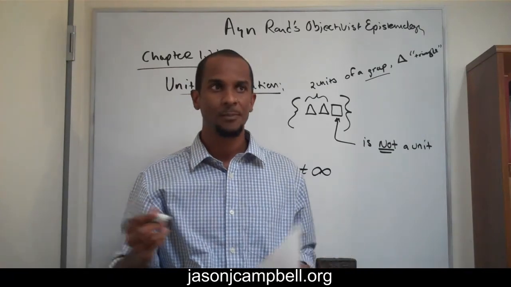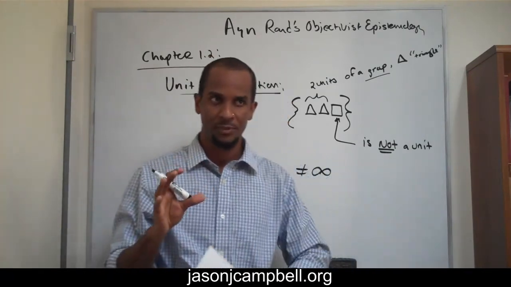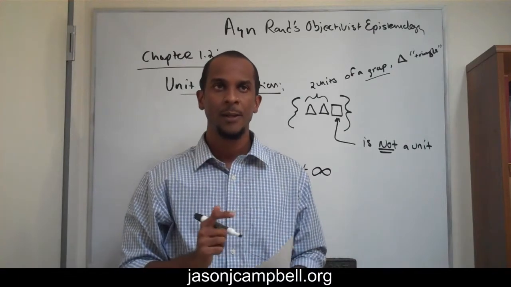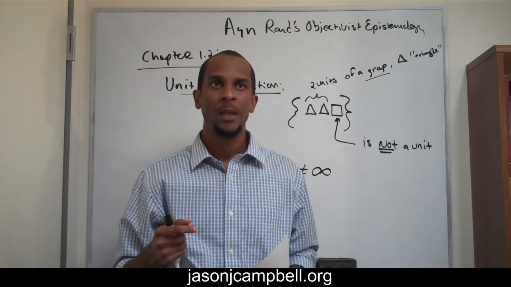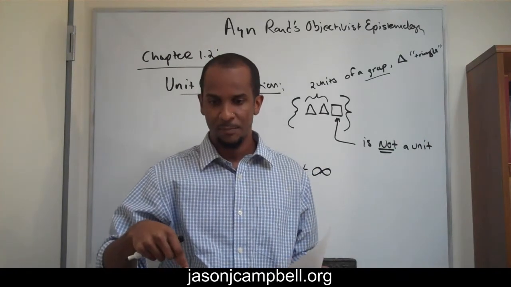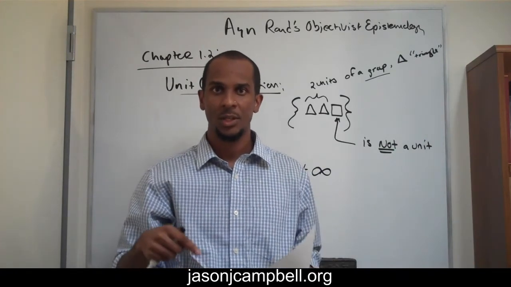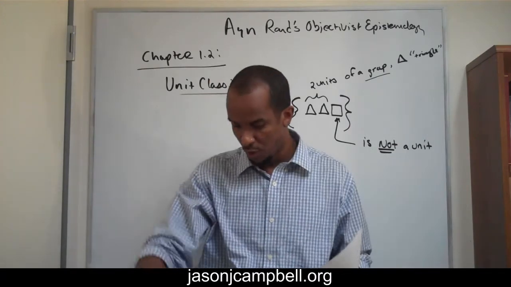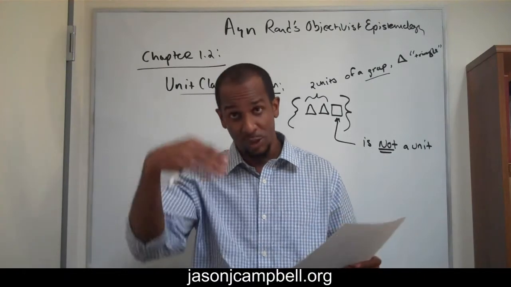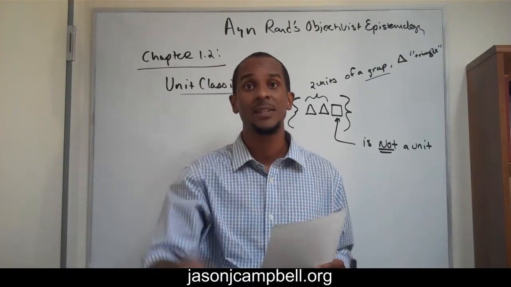What in the world does that mean? For Rand, briefly, and I'm going to get to it in a little bit more detail later, just to give you an idea where it's going, she talks about my ability to recognize a measurement of distance. And that measurement of distance is contingent on my foot. Literally a foot is a measure of distance.